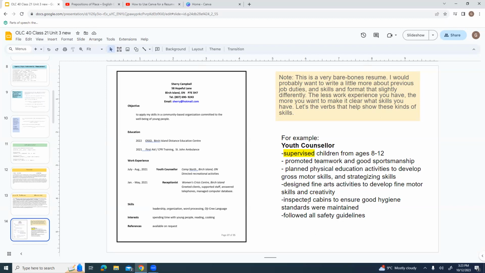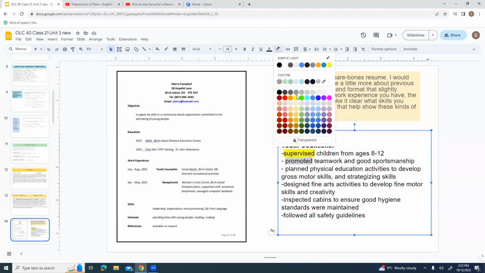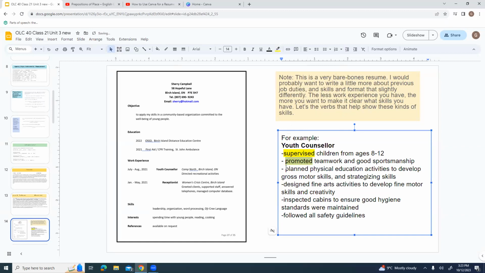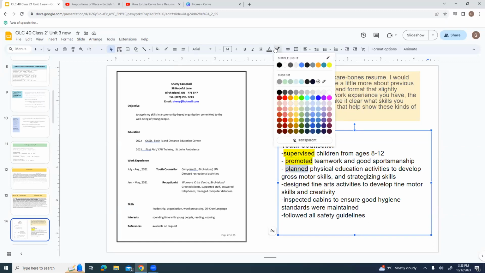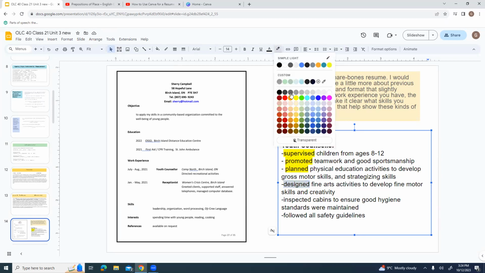A lot of these, you can see, they start with verbs. They're trying to emphasize what you know how to do. So you don't want to use the same verb over and over again. You want to try and make the verbs different. So when I first wrote this, I had planned physical education and I'd used planned fine arts activities.